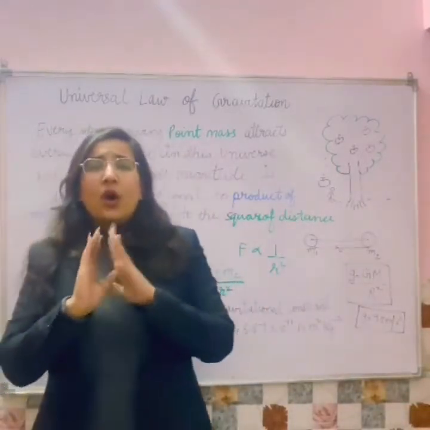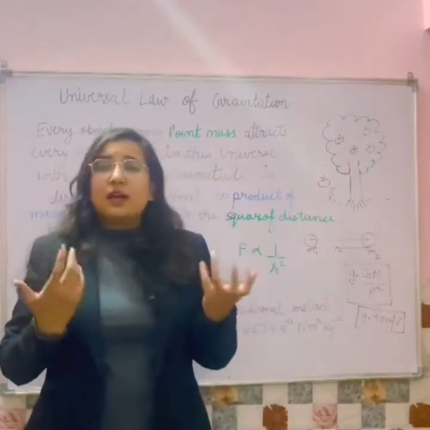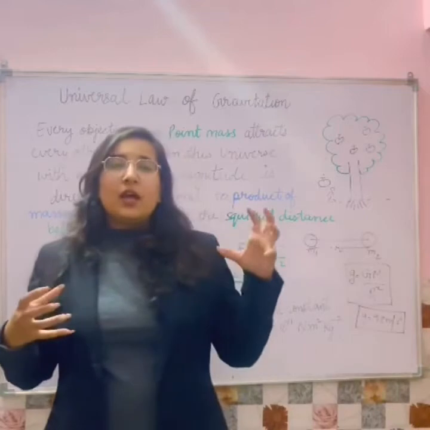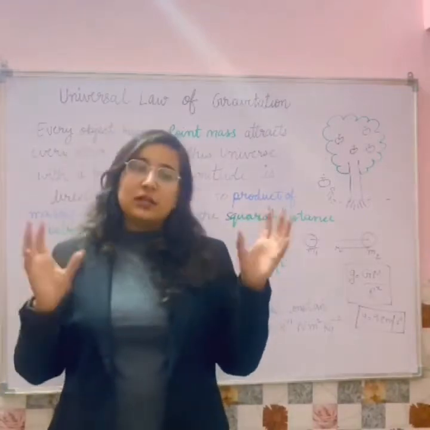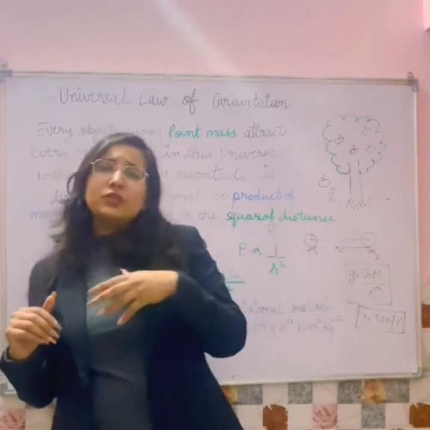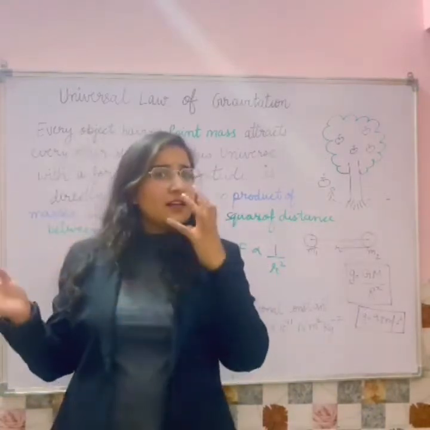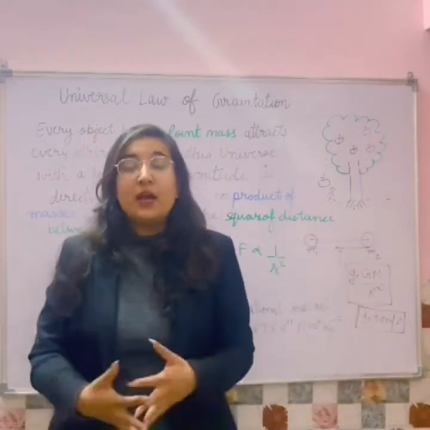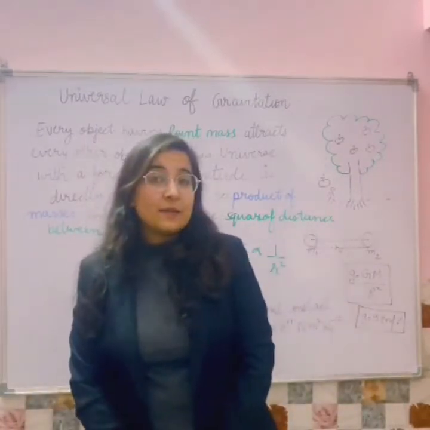So all the objects in this universe attract each other. Take the example of an apple and the Earth. We can see an apple falling towards the Earth, but can we see the Earth going towards the apple? No. What will be the reason behind that?